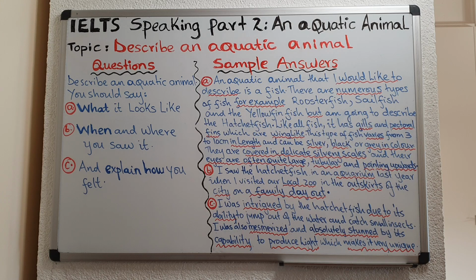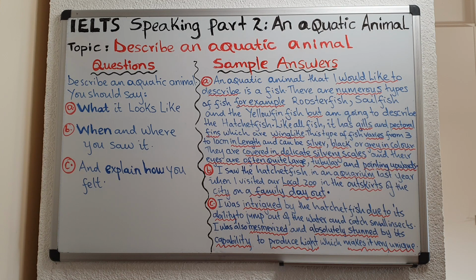What it looks like. Now, you can answer that question by saying, an aquatic animal that I would like to describe is a fish. There are numerous types of fish, for example, rooster fish, sailfish, and the yellowfin fish, but I'm going to describe the hatchet fish.